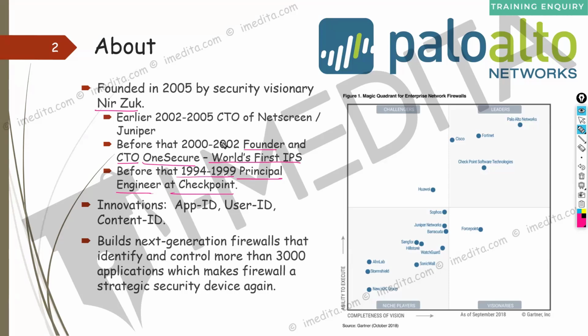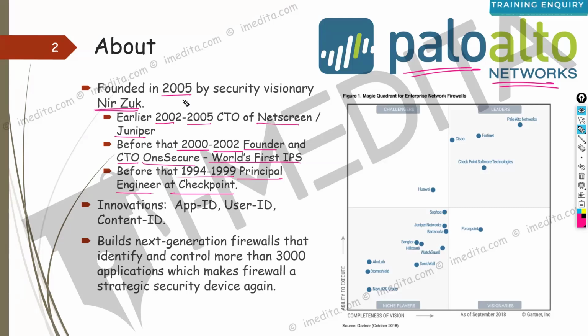He worked there from 2000 to 2002. After that, the company was acquired by Juniper NetScreen, and he worked for them from 2002 to 2005, and in 2005 he established another company named Palo Alto.